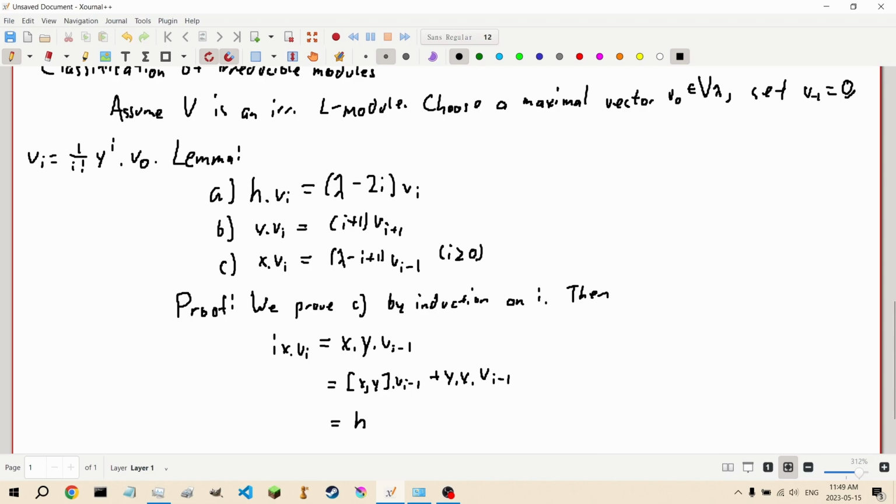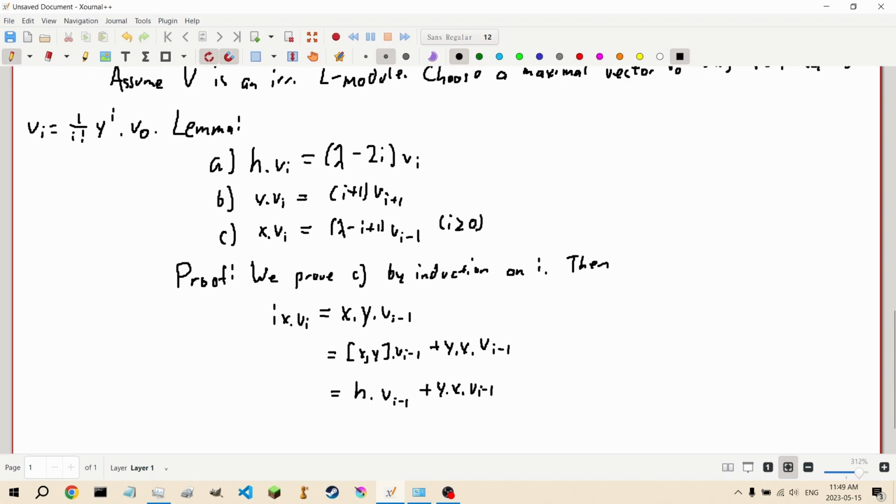In this case, we can just evaluate this bracket to be h on v_{i-1} plus y x v_{i-1}. And then we can evaluate both of these because we have it by the inductive hypothesis. The formulas above apply.